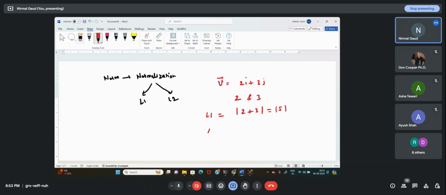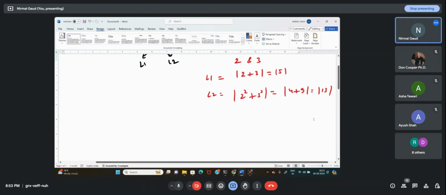While in L2, you have to add the square of the coefficients. So 2 square plus 3 square, that is 4 plus 9, it's 13. This is L2.